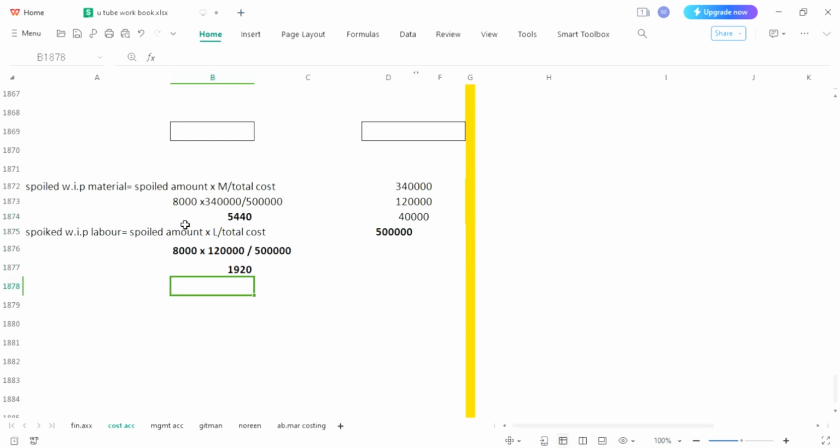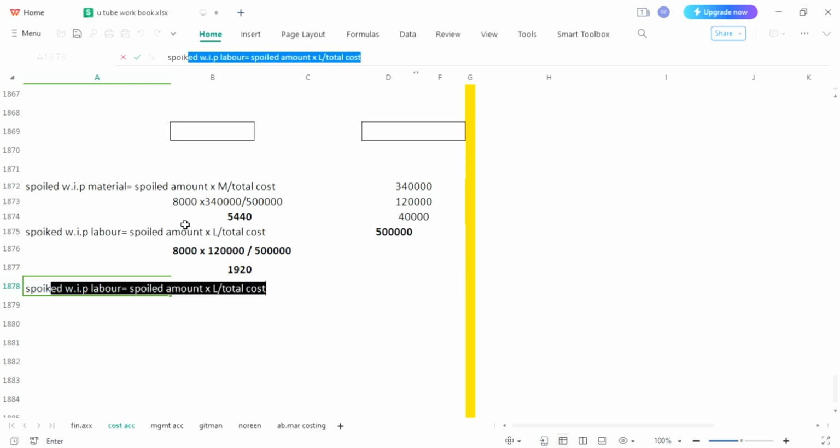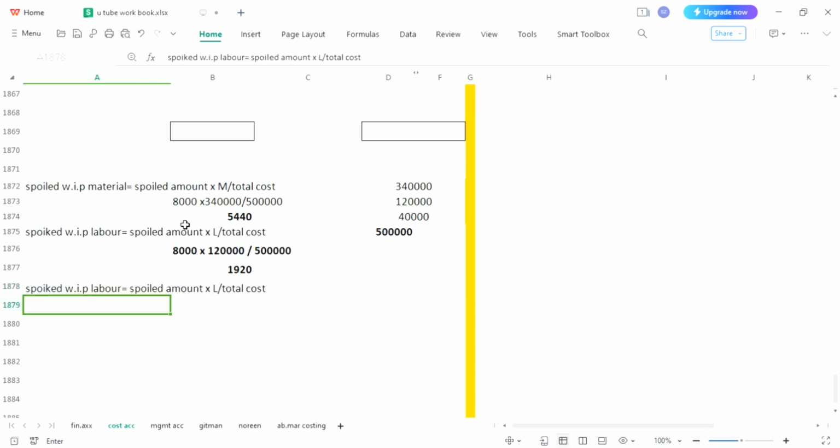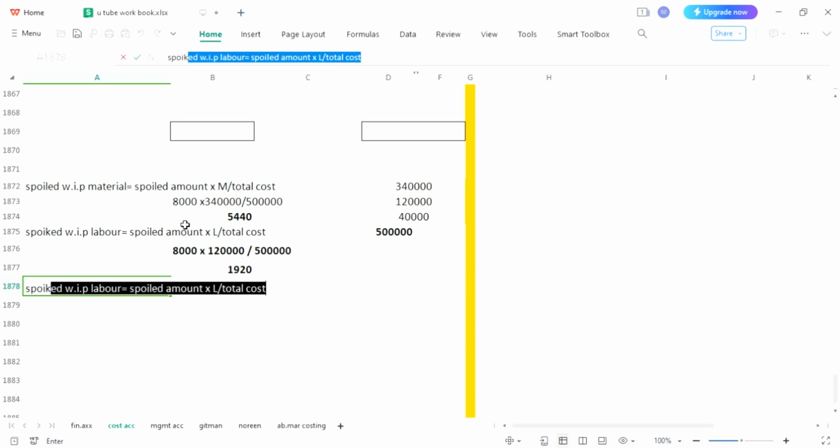Now we will be calculating our third amount, which was spoiled goods for work in process FH. This is not what we want. We need to have spoiled work in process for FH, which we will calculate.